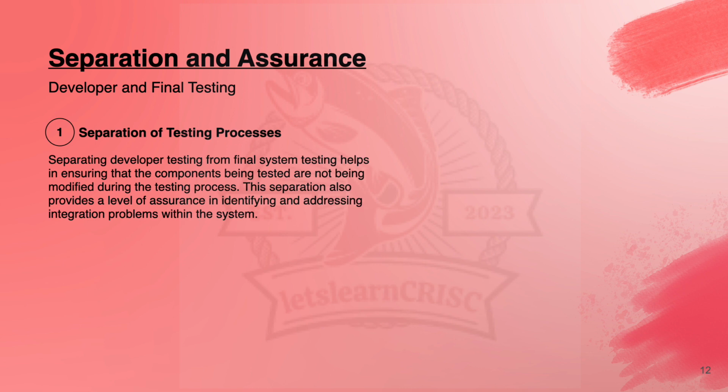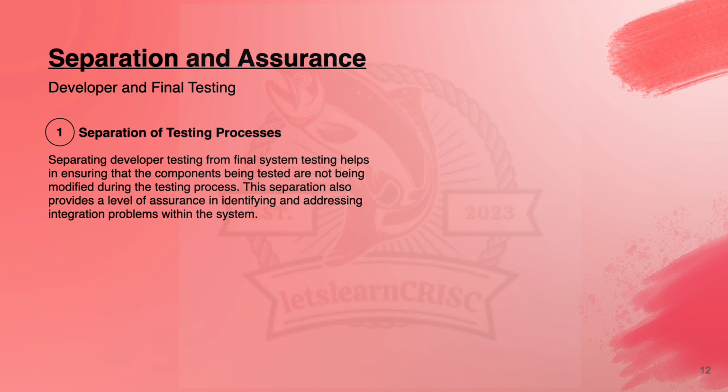Next, this separation also provides a level of assurance in identifying and addressing integration problems within the system. Friends, separating testing phases helps to prevent unintended interference with the components by developers who may be making ongoing modifications during the testing process.